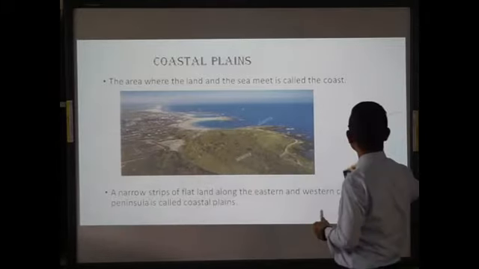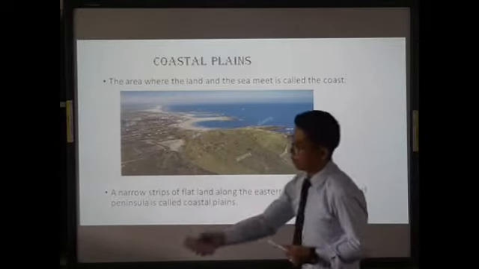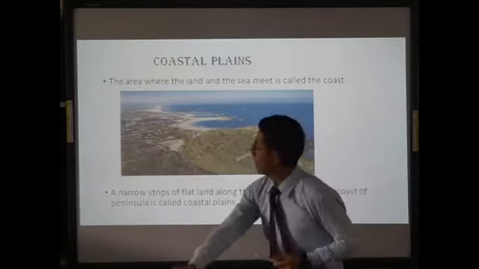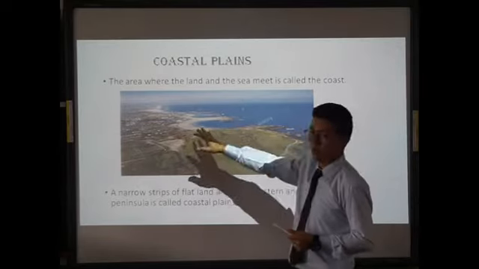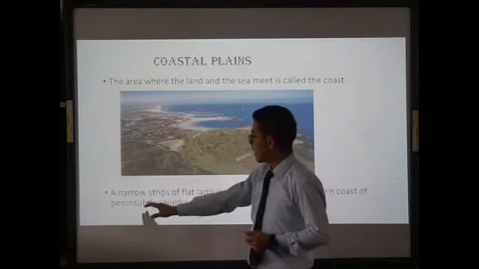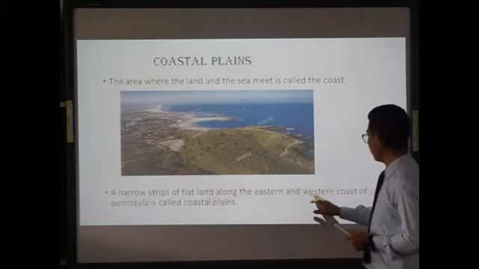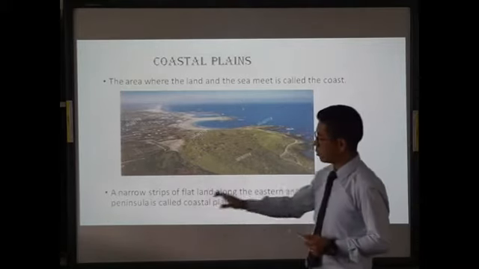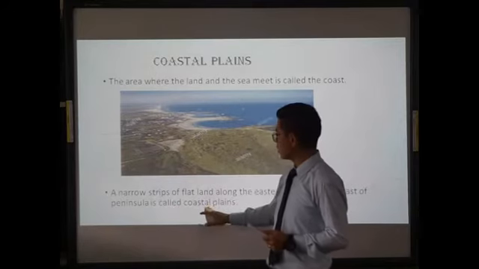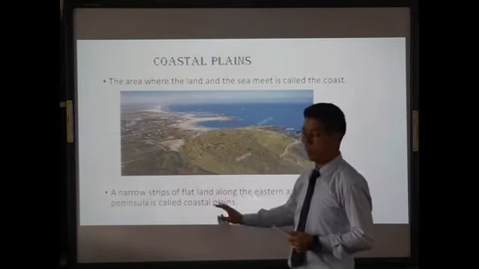The area where the land and sea meet is called the coast. So you can see the picture, alright? Narrow strips of flat land along the eastern and western coast of the peninsula are called coastal plains.